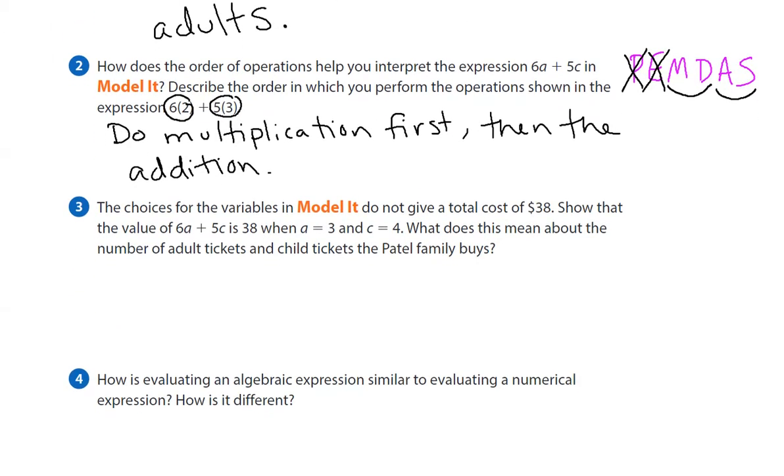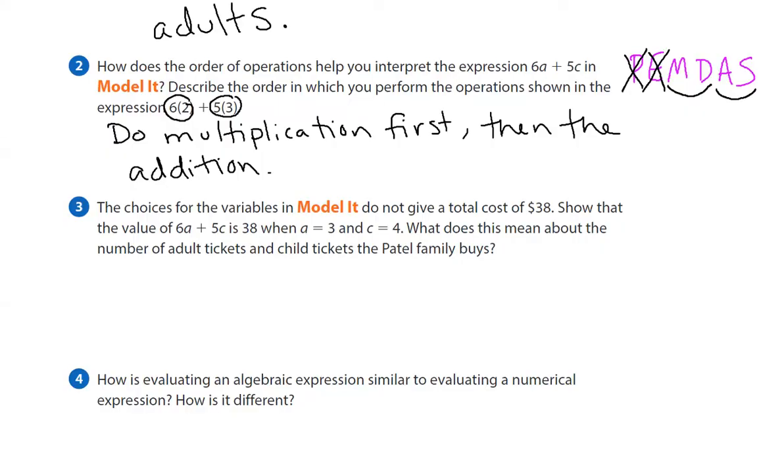Okay, number 3. The choice for the variables in Model It do not give a total cost of $38. Dun dun dun, their Model It failed. Show the value of 6a plus 5c is 38 when a equals 3 and c equals 4. What does this mean about the number of adult tickets and child tickets for the Patel family flight?